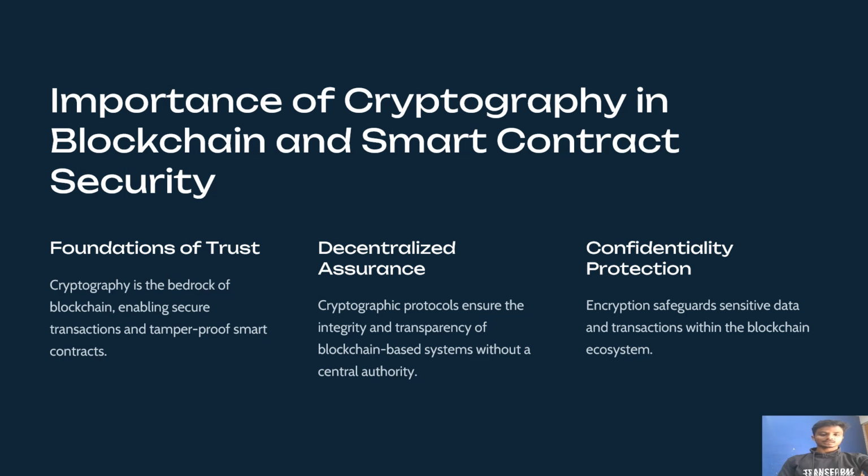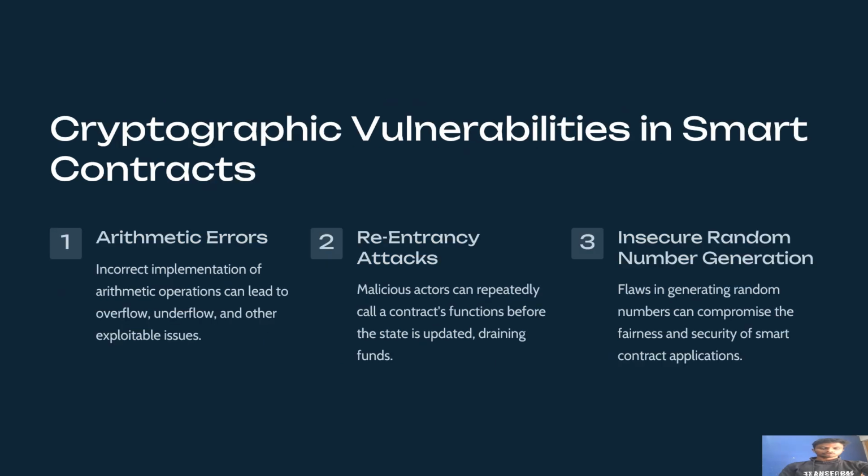Second, decentralized assurance: cryptographic protocols ensure the integrity and transparency of blockchain-based systems without a central authority. Third, confidentiality protection: encryption safeguards sensitive data and transactions within blockchain ecosystems.